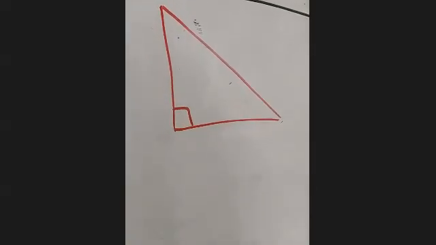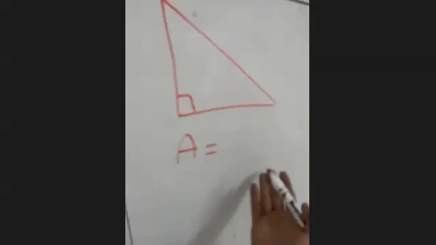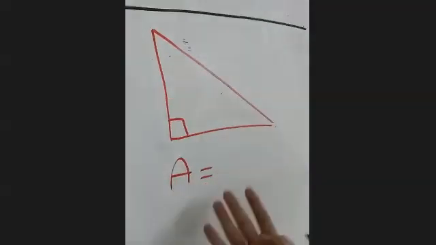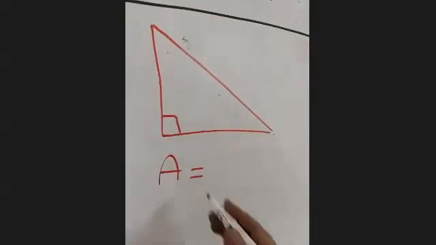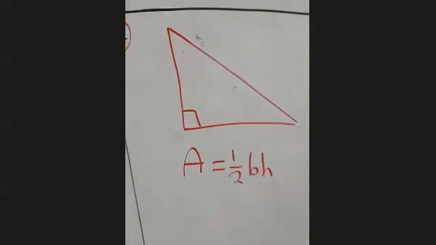First, the area of the triangle. What is it? Half multiply BH. We call it the area of the triangle, okay? So A equals half base height, right?